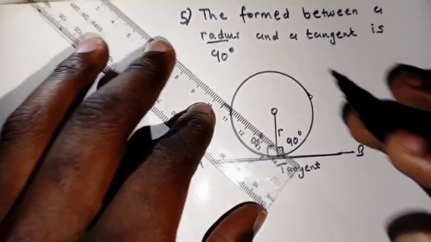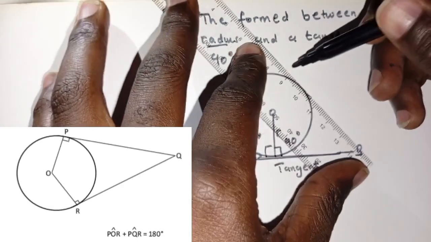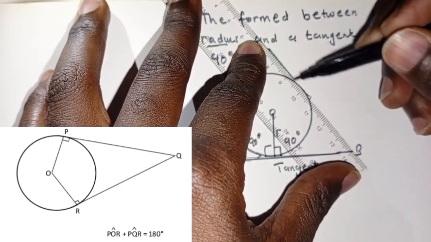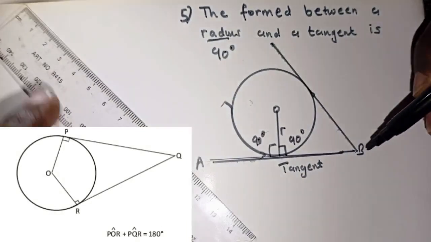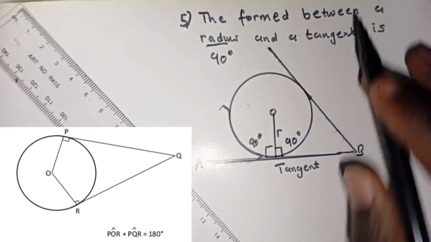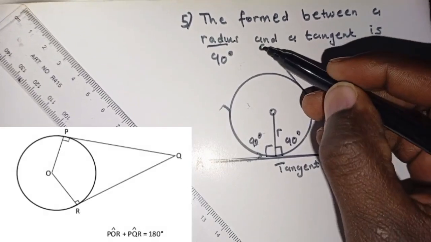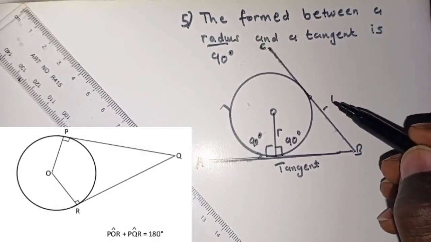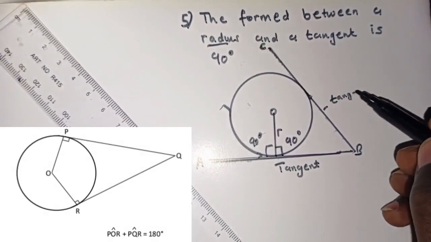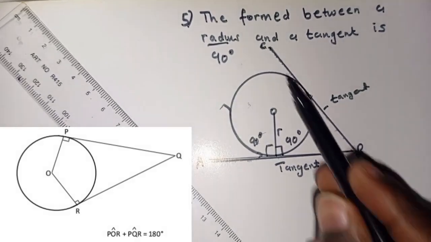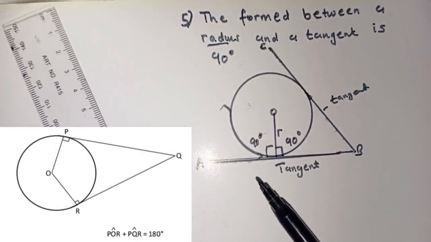Now, you might have another tangent, maybe it passes here. So here you have two tangents. Of course, this C here is another tangent. So you can have this tangent, and I'm sure you sometimes see questions like this.